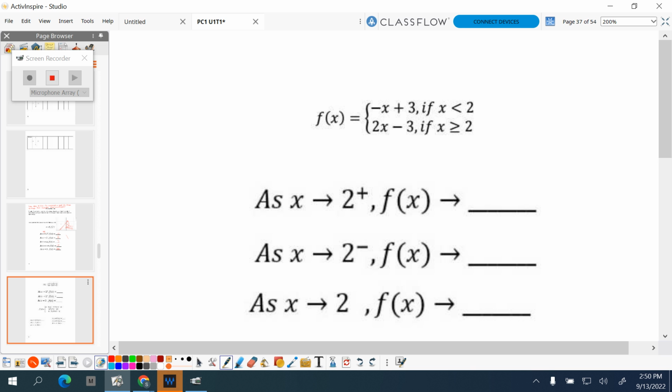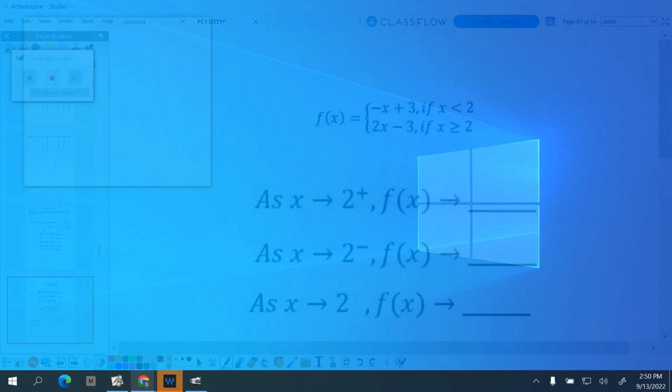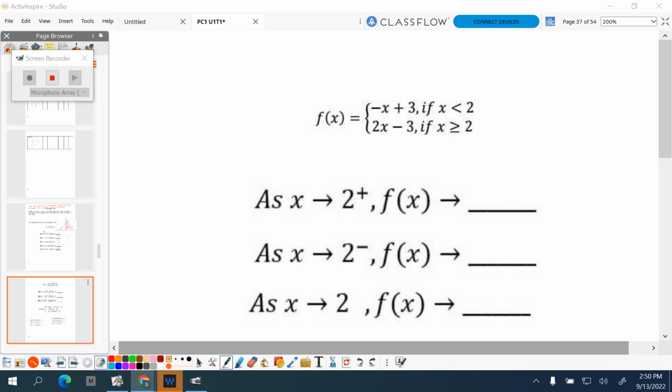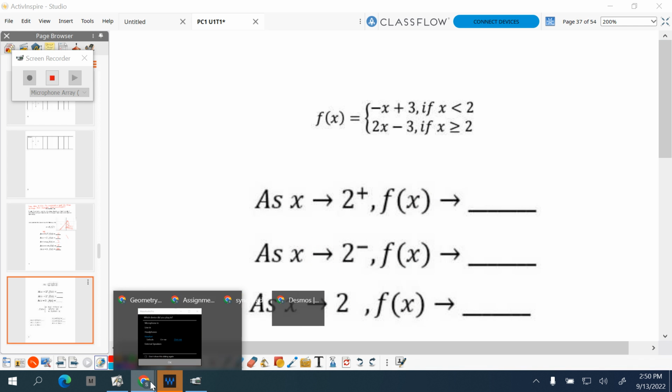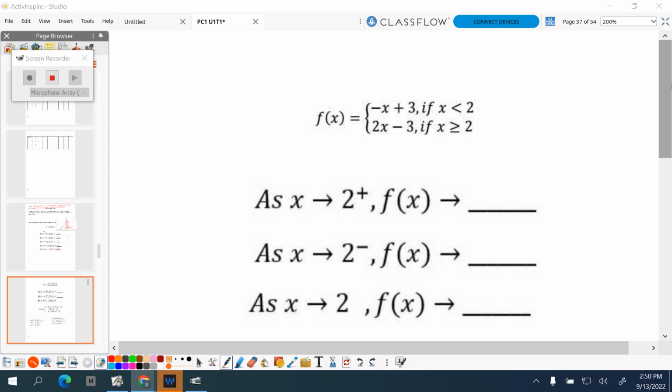So let's look at what that looks like graphically, right? So let's go to Desmos and type these in. I'm gonna bring up my Desmos here. Let's type these in real quick and look at how we might go about doing that.